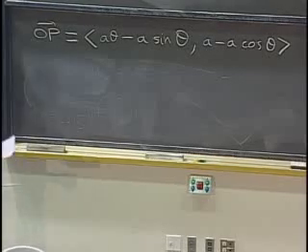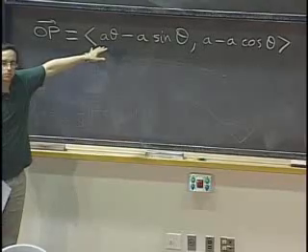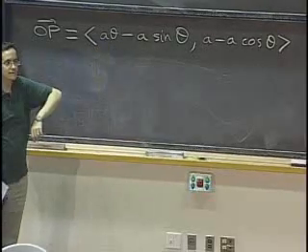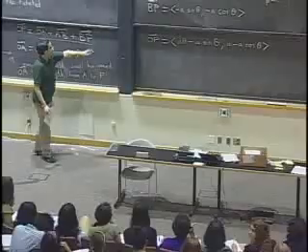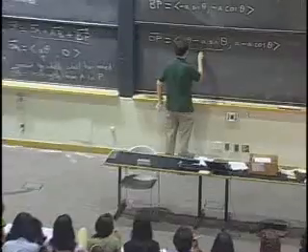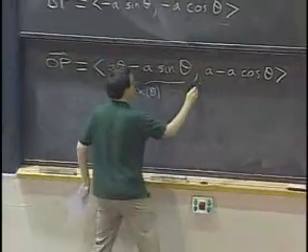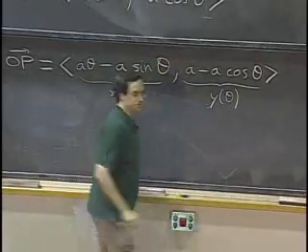So any questions about that? Okay, so I claim that's the answer because this thing here is the x coordinate as a function of theta, and that one is the y coordinate as a function of theta.